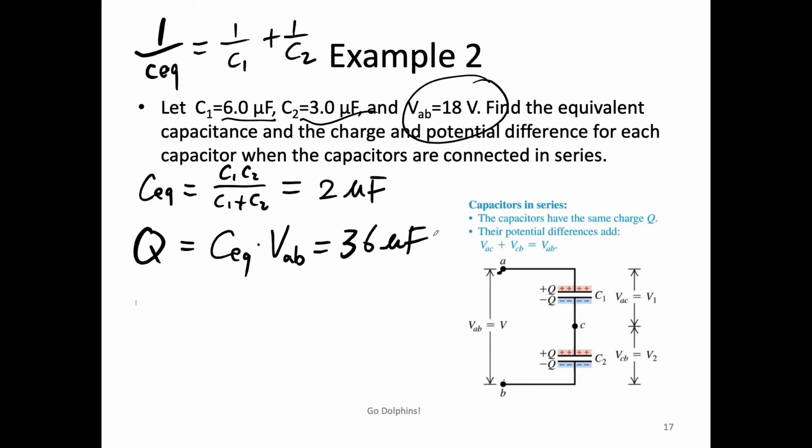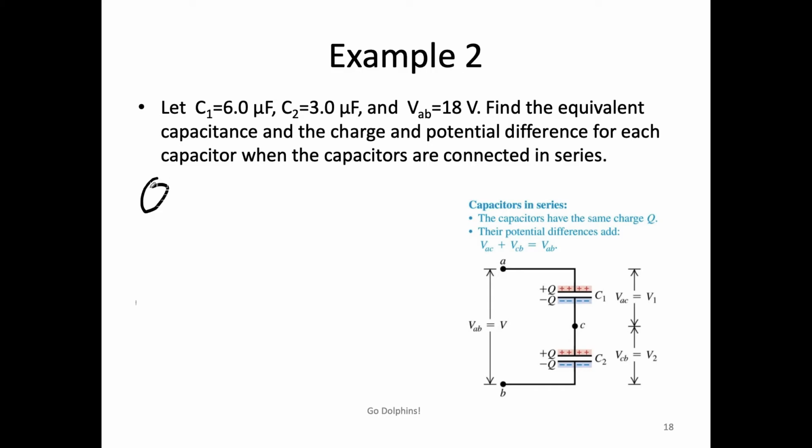And then we want to find out what is V1, what is V2. We already found that Q is 36 microcoulomb, equals Q1 equals Q2, for capacitors in series, and we already argued why Q1 has to equal Q2 equals the total charge carried by the equivalent capacitor Q. So now I have Q1 and I know C1, so I can calculate V1.